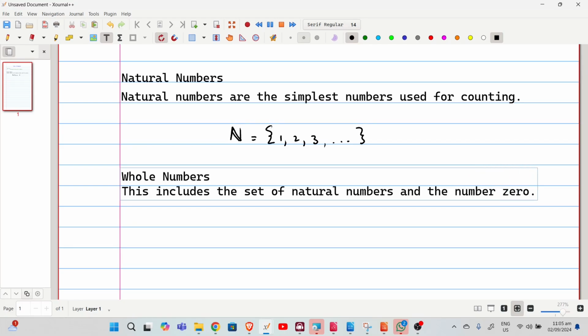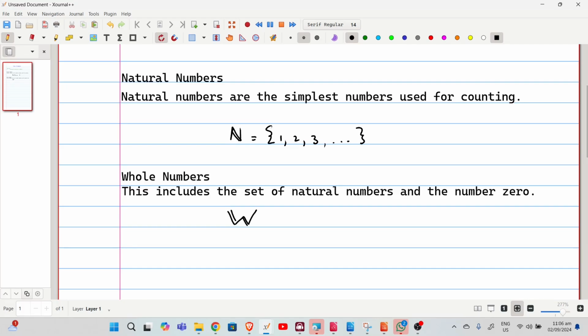So 0 is a concept that will be introduced with natural numbers. In primary school, you get accustomed to the natural numbers, and then once you get 0 inside there, you're starting to talk about whole numbers. Whole numbers is a double struck W that you would use to represent it.